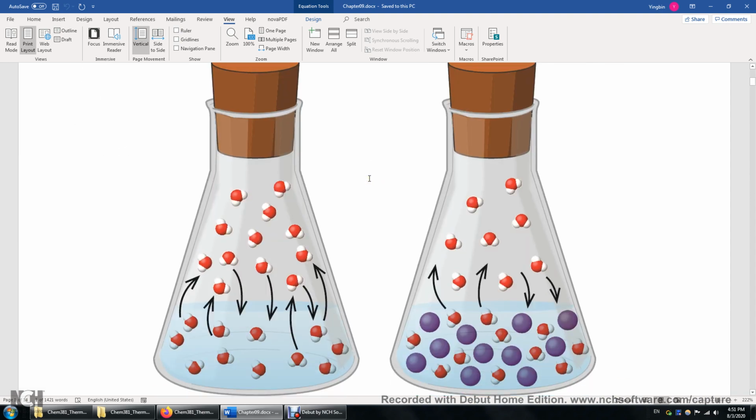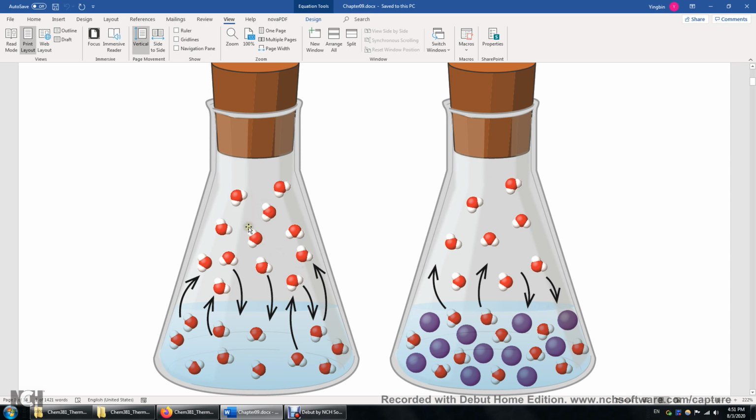Now if we compare these two flasks, over here we have pure water, over here let's say we have 50% of the water. Then we compare this surface and this surface. On this surface, only 50% of the molecules are water molecules. That will reduce the evaporation speed of water by 50%.